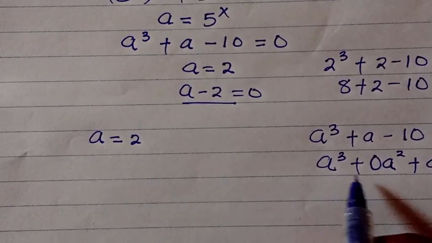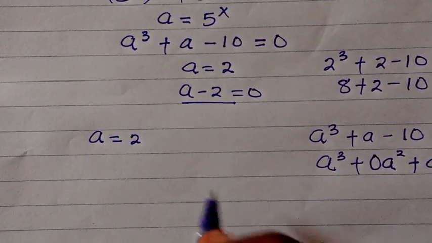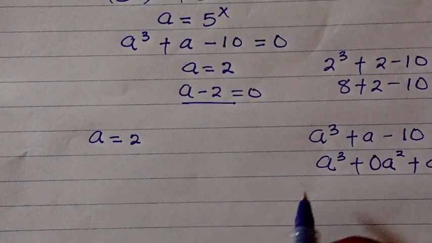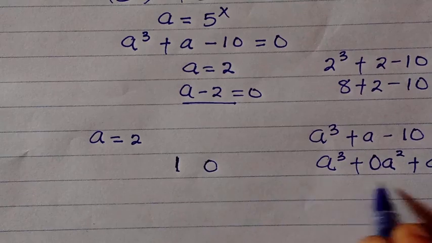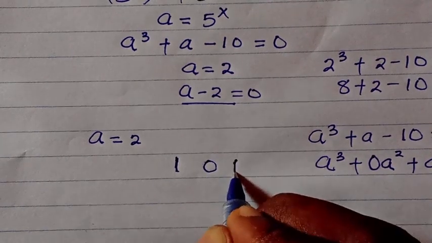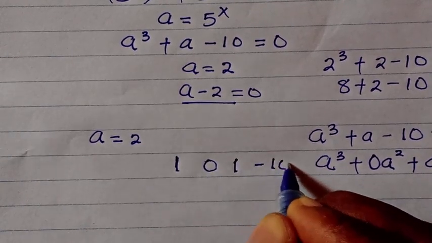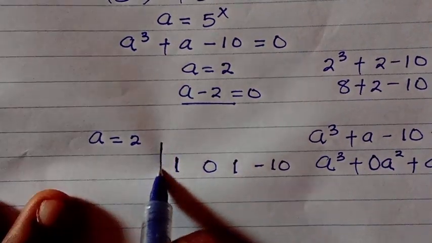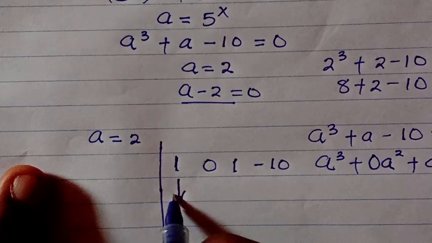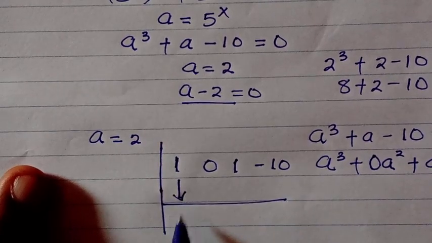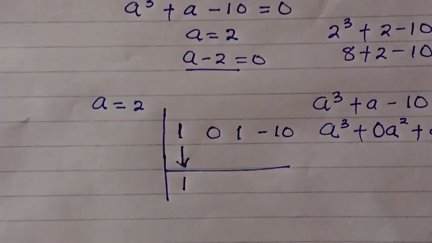At a equals 2, we are going to take out all the coefficients of this. The coefficient of a raised to the power of 3 is 1. For a squared, we have 0. For a, we have 1, and we have the constant value, which is minus 10. So we have 1 as 1 here.